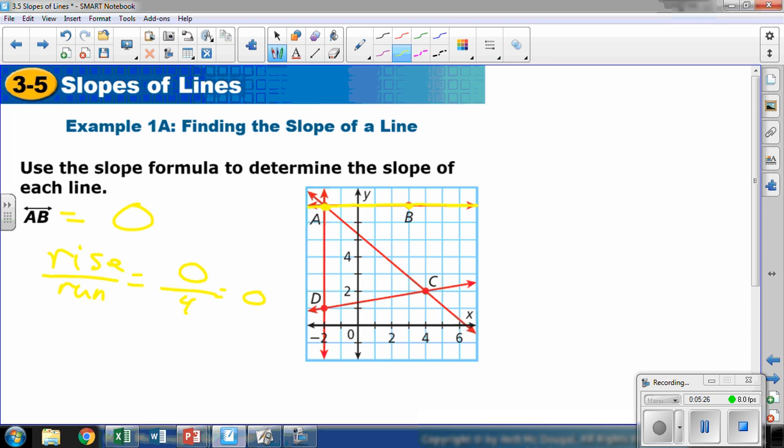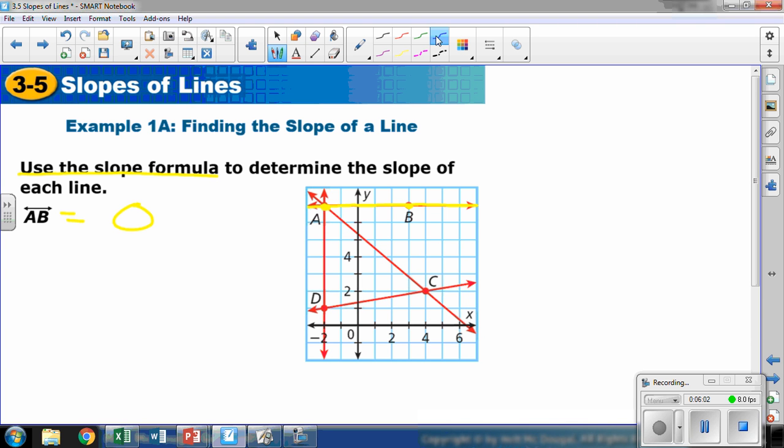I do want to point something out though. Pay attention to what the directions told us to do. Use the slope formula. What do they mean by that? Do they mean the formula rise over run where you can count? Or do they mean the y2 minus y1 where you actually put the numbers in? Okay, you guys are telling me they mean the second one, so I'll admit I don't think those directions are super clear. There's more than one formula for slope. I think rise over run is a slope formula.